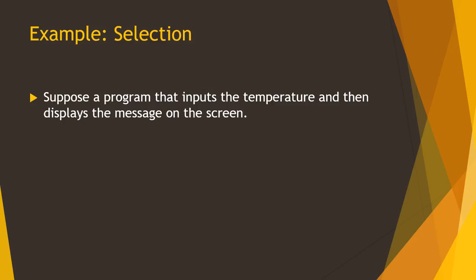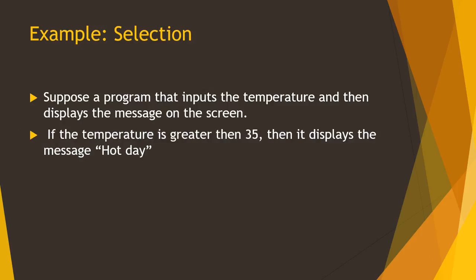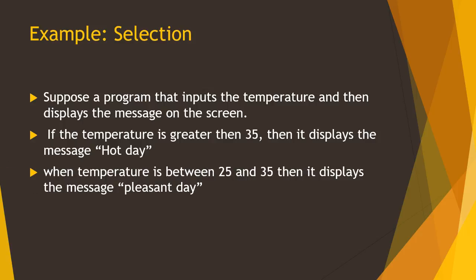Suppose a program that inputs the temperature and then displays the message on the screen. If the temperature is greater than 35, then it displays the message hot day. When the temperature is between 25 and 35, then it displays the message pleasant day.